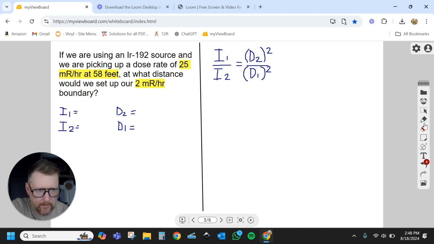I1 is 25. D1 is 58 feet. At what distance would we set up our 2 MR boundary? Distance 2 is unknown.